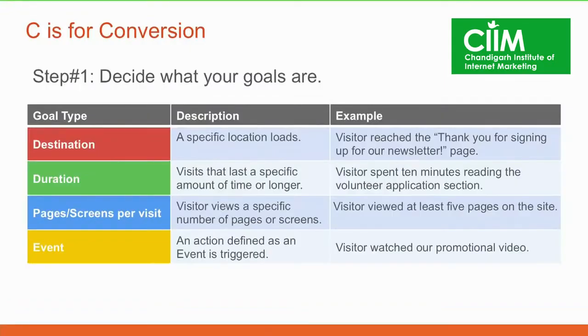The last kind of goal is something that you'll have to do a little bit of extra setup for. It's a way for you to actually track an event that happens on a web page on your website. For example, you could set it up so that I am going to count a conversion if somebody visited my web page and then viewed this video, or downloaded this application to work at my bakery, or filled out this application to become a volunteer at Walden's Puddle.